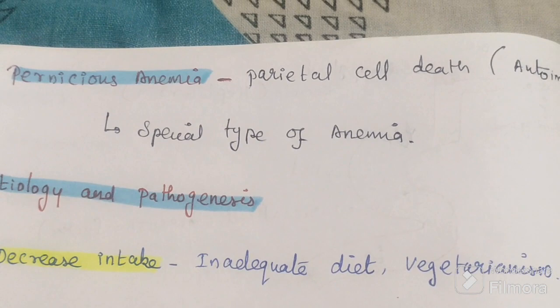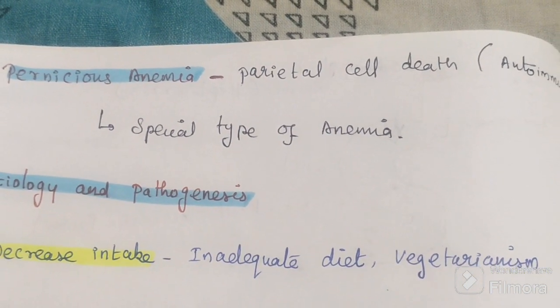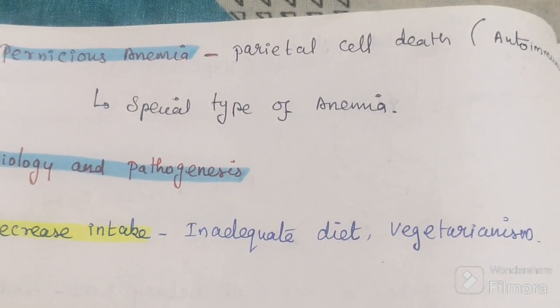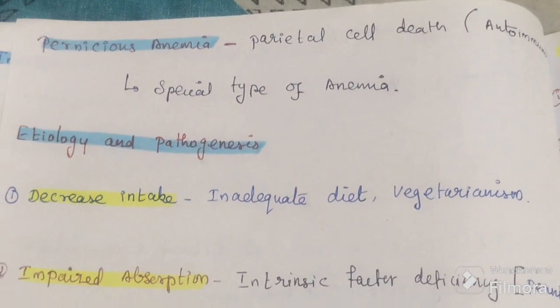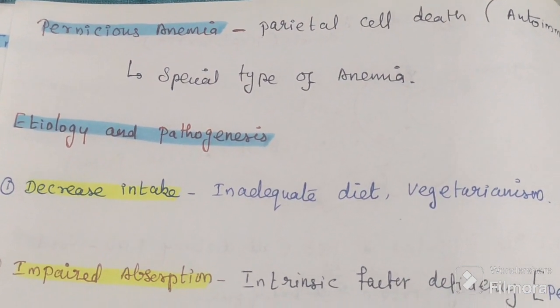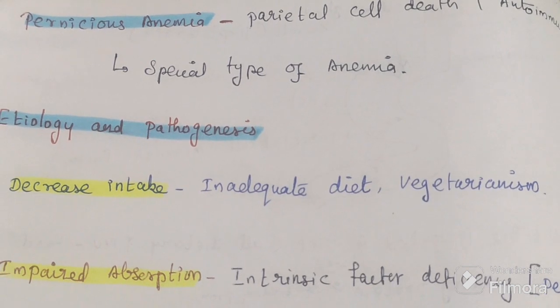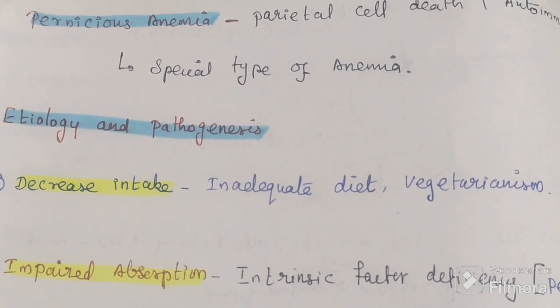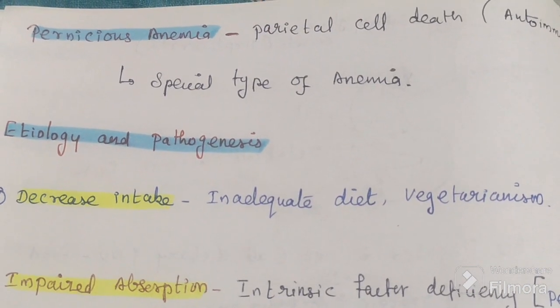What is the problem? The problem is not vitamin B12; in the diet we have vitamin B12. Here the problem is the parietal cell, which is dead due to an autoimmune disorder, with antibodies killing the parietal cell. So the body cannot absorb vitamin B12.